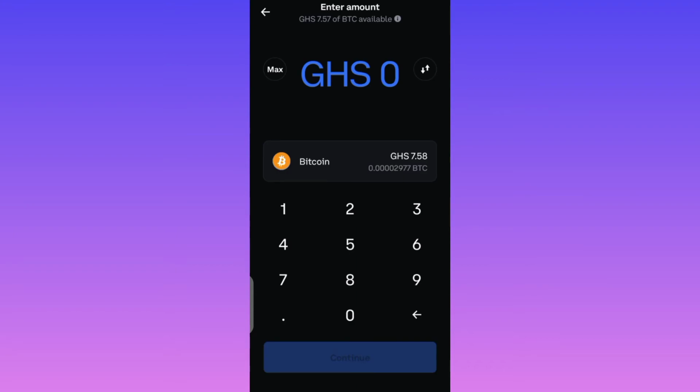You click on send and then you enter the amount you want to send. So let's say again you want to send 300 cedis of Bitcoin, or you are selling 300 cedis of Bitcoin. So you input the 300 cedis there. Now continue.